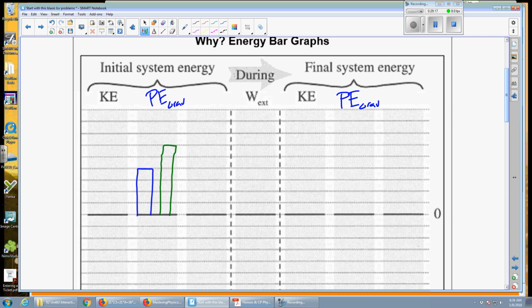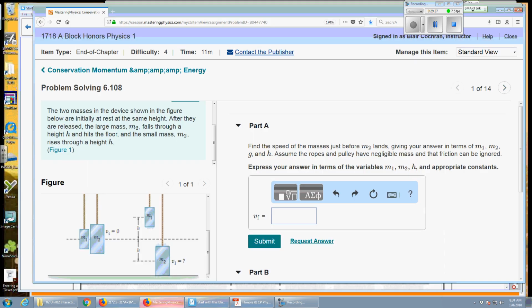Why does the second mass have more PE grav than the first mass when they're sitting at the same height? It has more mass, so therefore it has more weight, therefore it has more gravitational potential energy.